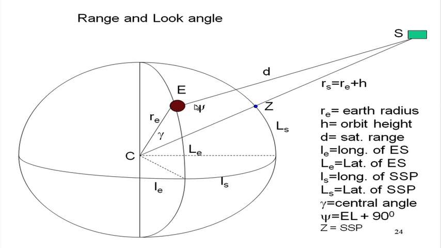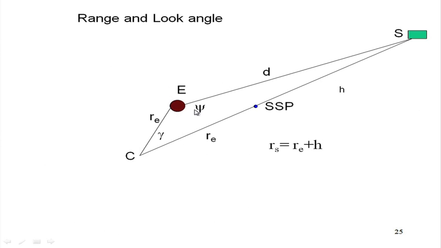This psi, if you think carefully, you will find that this psi is 90° plus, from the earth station, if we put a horizontal plane, it will be 90° with the center of the earth to earth station, and plus some angle. So, psi will be 90° plus that angle, which is nothing but elevation.